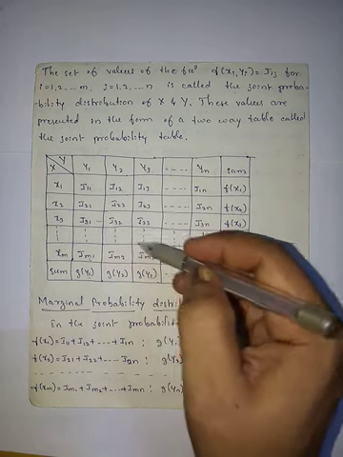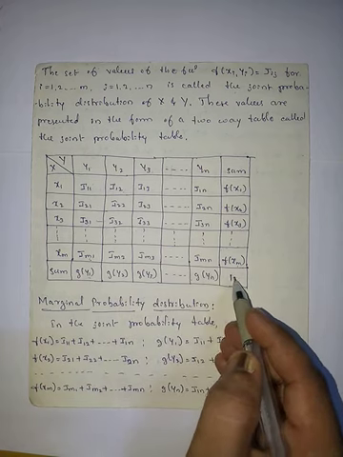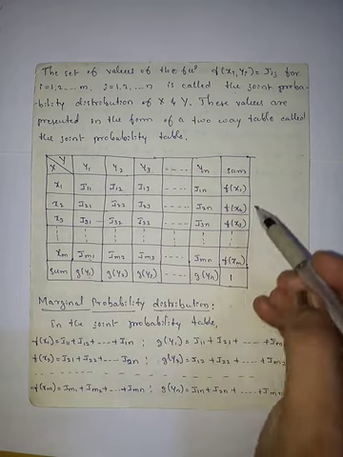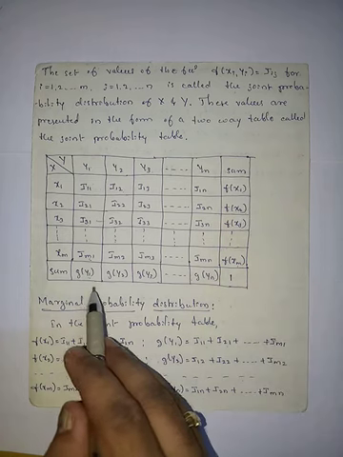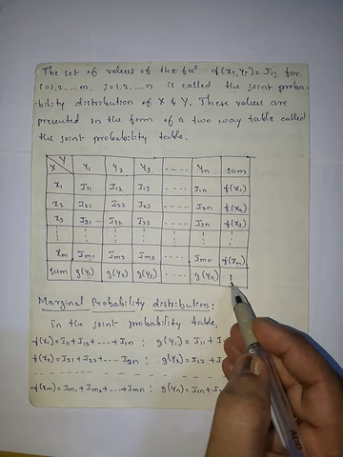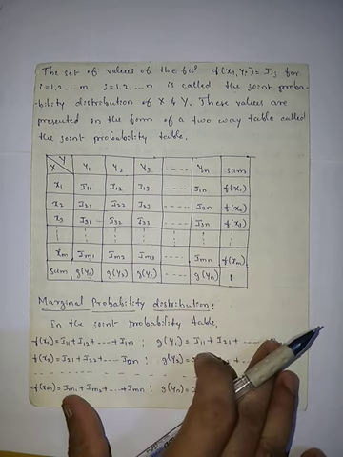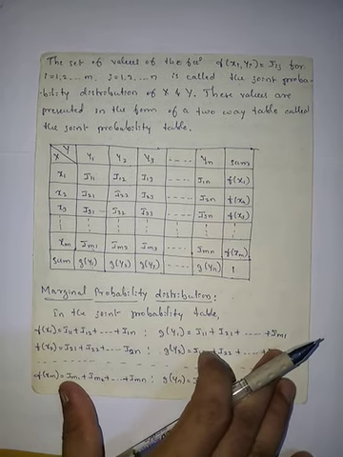When you take all the column sums and add them, the sum must be 1. So this is the second condition. Clear? This is called the joint probability table.